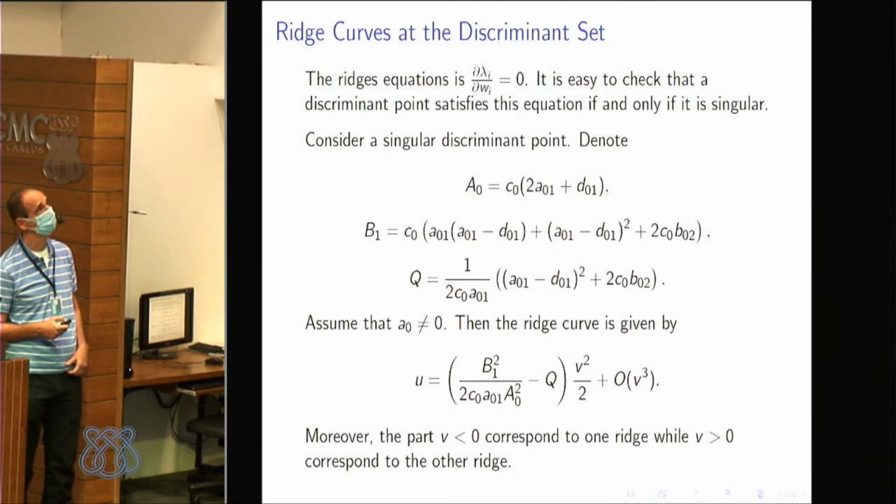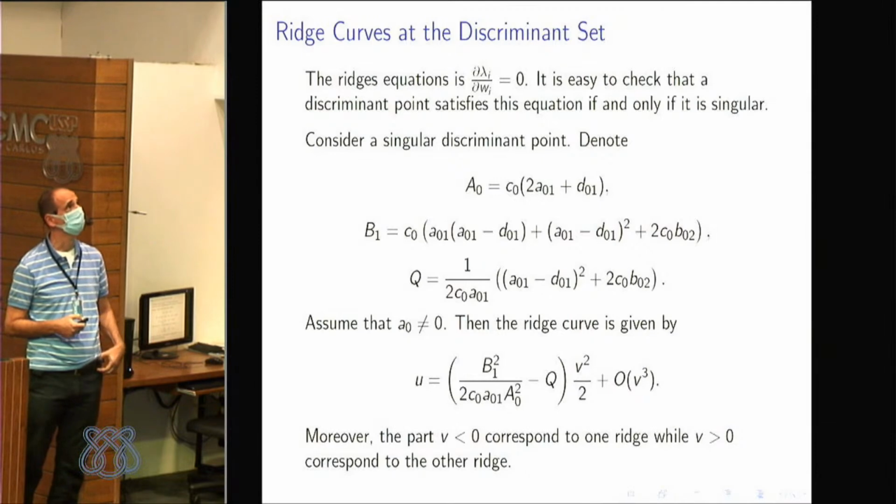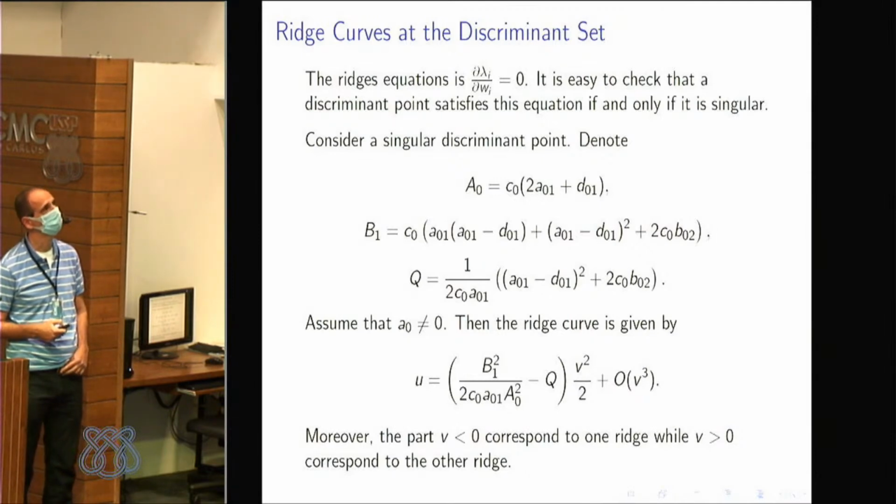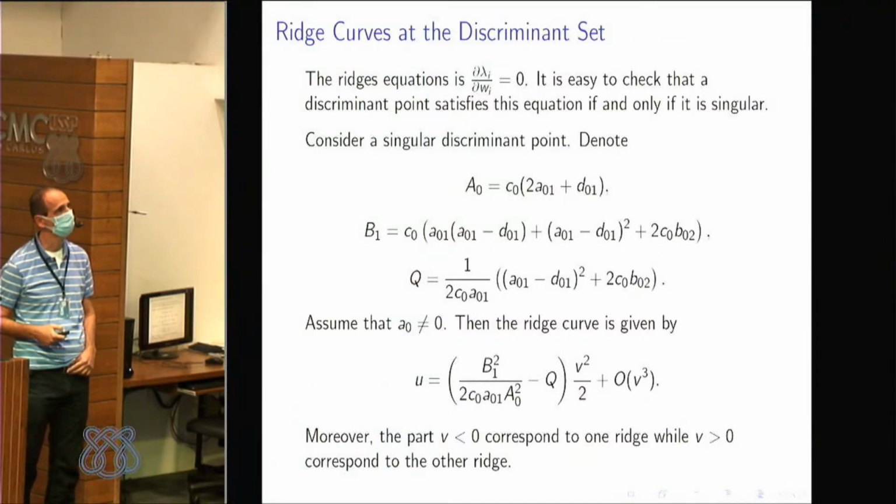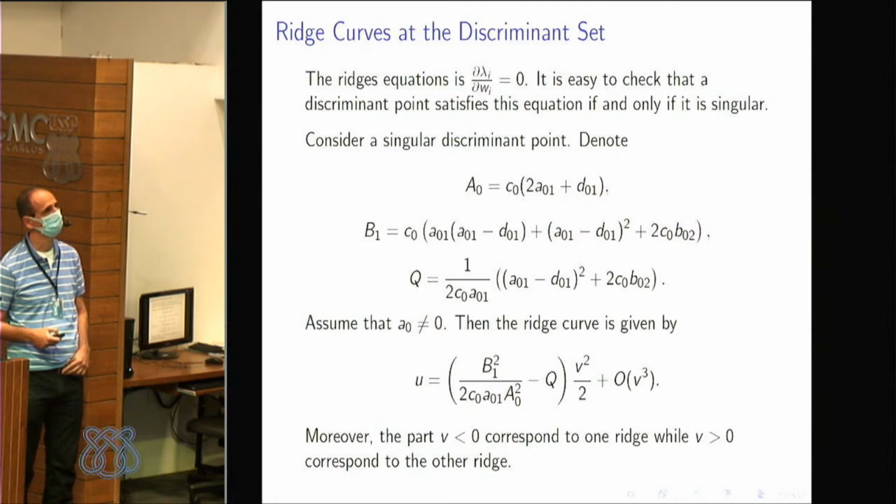A discriminant set point satisfies this equation if and only if it is singular. At a singular discriminant point, we have all these numbers, A0, B1, Q, and then the ridge curve is given by this equation here.